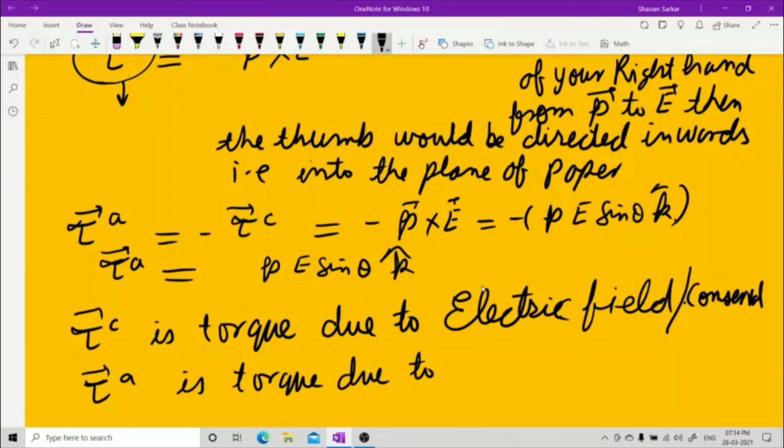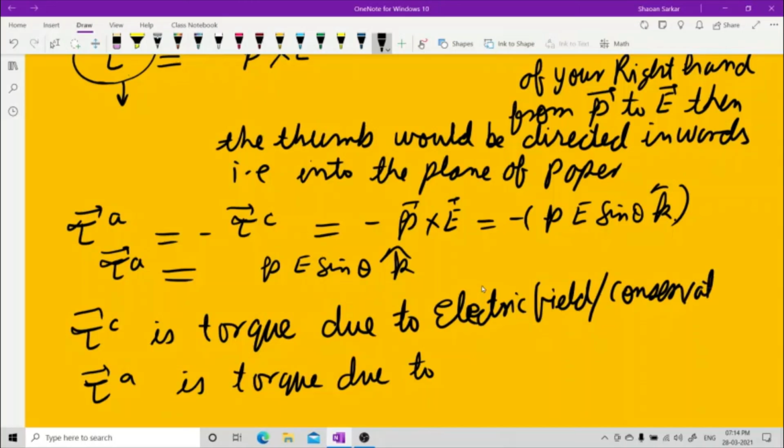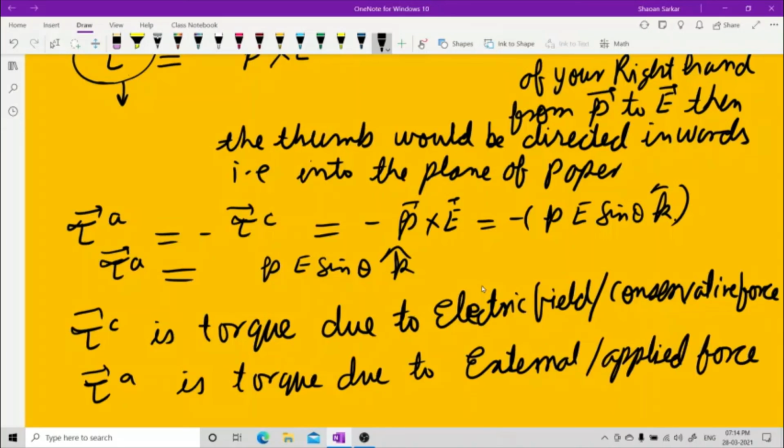Wait a minute, let me write it down clearly. The first is due to electric field, or conservative force, right? And the second is due to external, or you can say applied force. This is the story. These two differences you must remember.